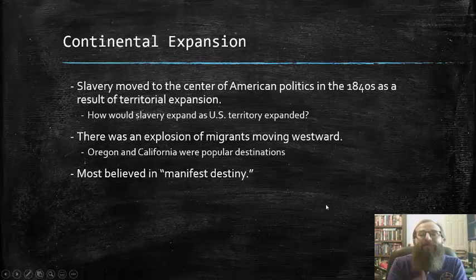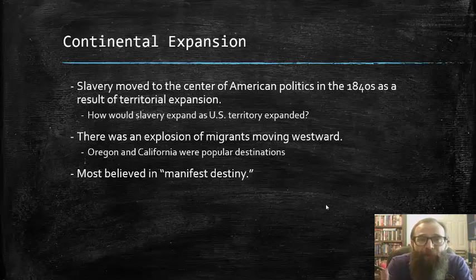As a result of territorial expansion in the 1840s, slavery, more importantly the question of how slavery would expand as U.S. territory expanded, moved to the center of the debate in American politics. This stemmed from an explosion of migrants moving westward in this period, with Oregon and California particularly being very popular destinations.